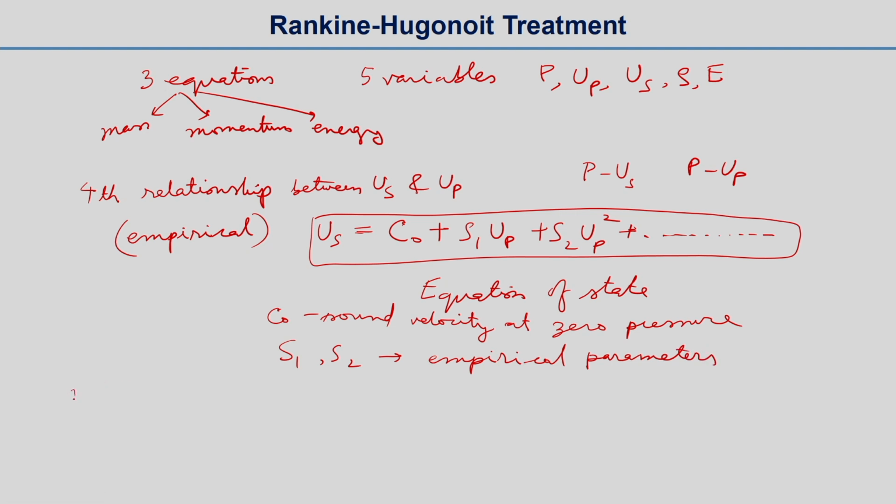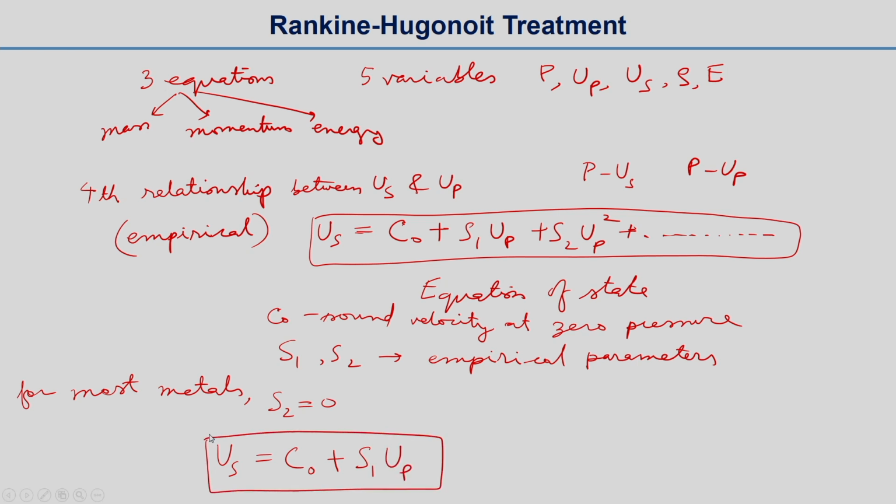Now, for most metals, we can assume S2 is equal to 0, and the higher order parameters will be 0, and that will give us a linear relationship between US and UP, which will be equal to C naught plus S1 UP.